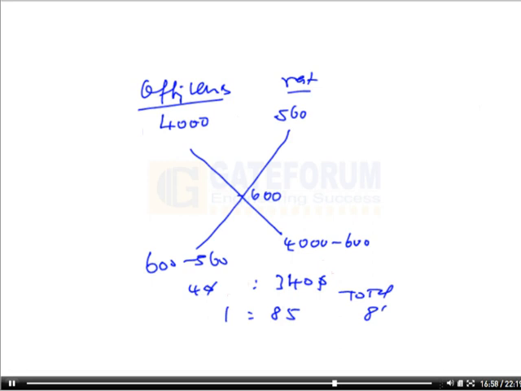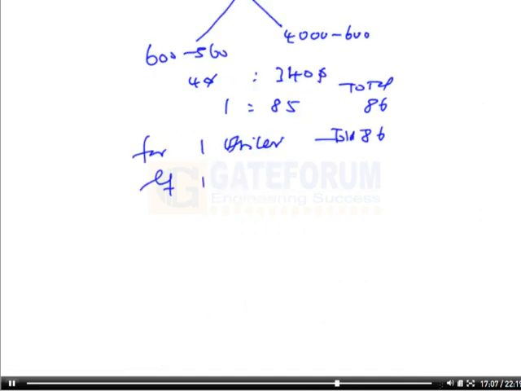Total parts 86. So there is one officer, the total employees will be 86. And if there are 12 officers, then total number of employees will be how many? 12 into 86, 1032.